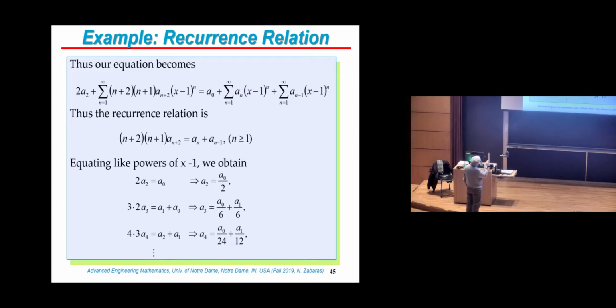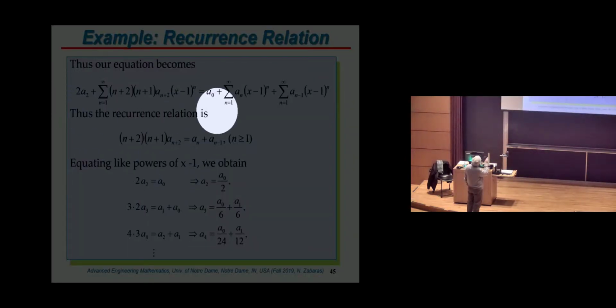And here's what we have done, right? The first thing is 2a2 equal to a0. That's what I have here. So a2 equal a0 over 2. And then from this equation, what can we do? Can we compute a3? What do I need to put for n? If I put n equal to 1, this will be 3 times 2 times a3. And again with n equal to 1, this will be a1, and this will be a0.